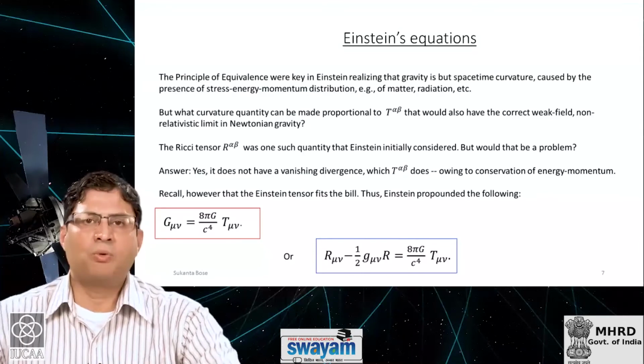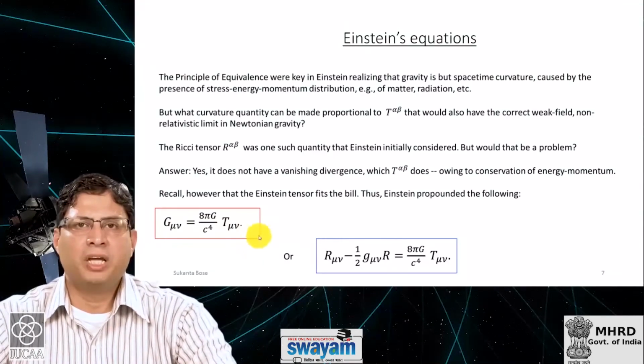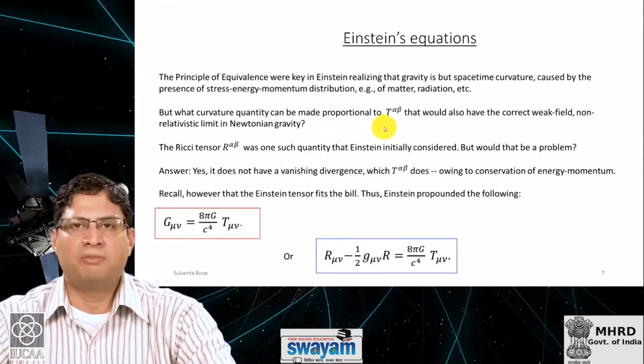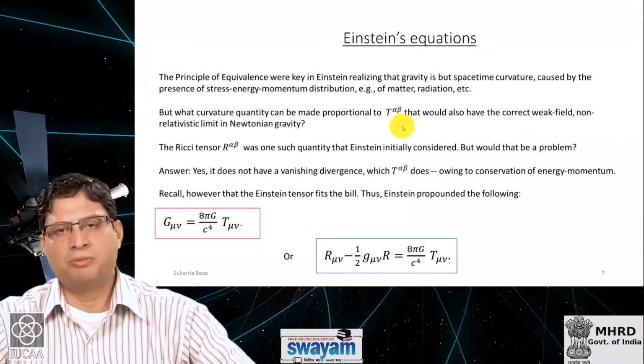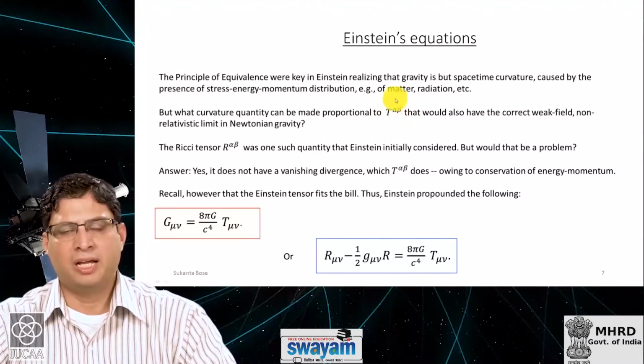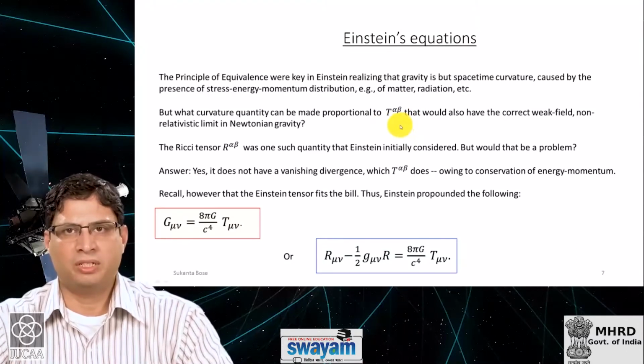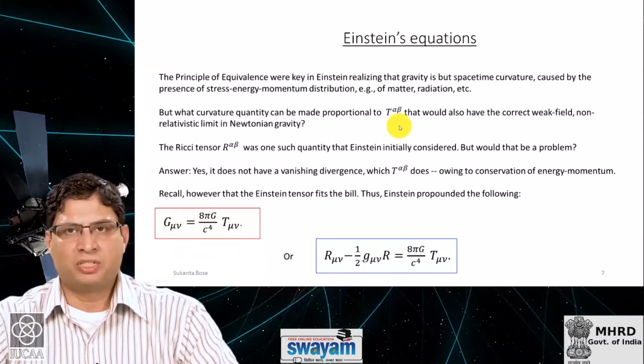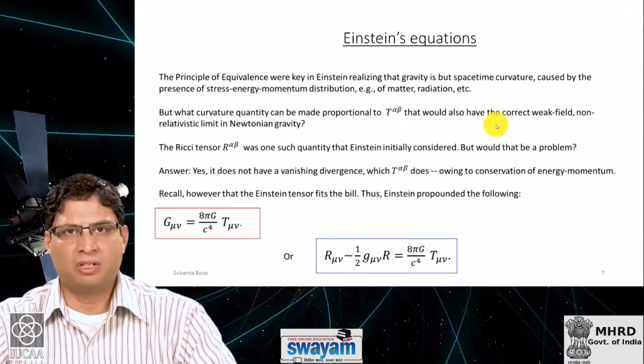But what curvature quantity can be made proportional to T alpha beta? Because we want to come up with a situation where curvature is responding to the presence of fluid as quantified by the stress tensor components T alpha beta, right. Of course, it has to have the correct weak field non-relativistic limit.